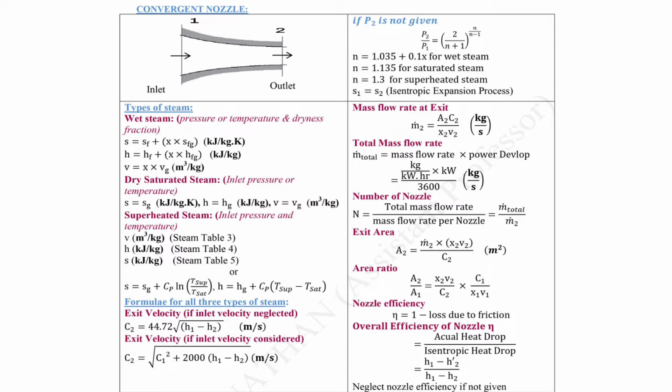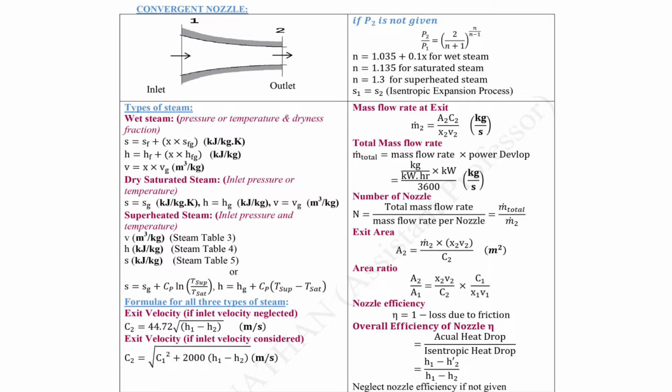Specific volume is equal to Vg, meter cube per kilogram. Superheated steam also will be provided in that same condition, but we use steam tables 3, 4 and 5 for selecting the specific volume, enthalpy, and entropy respectively.